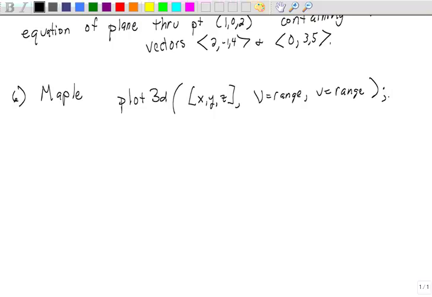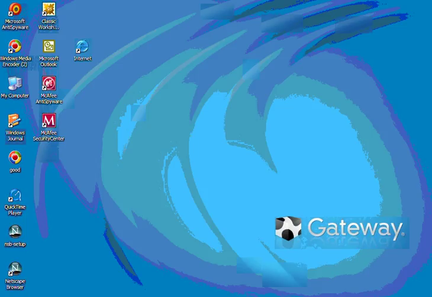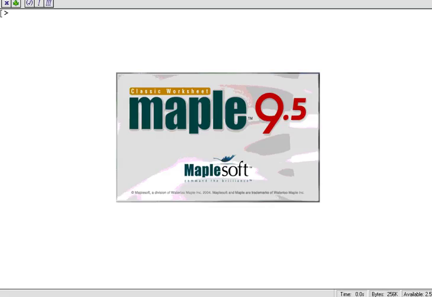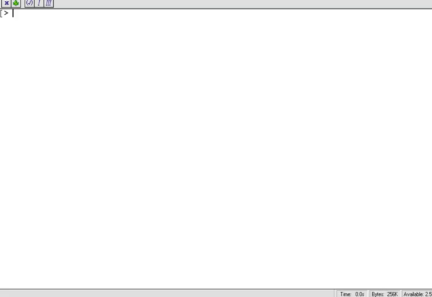let's get Maple started. We'll do with plots.